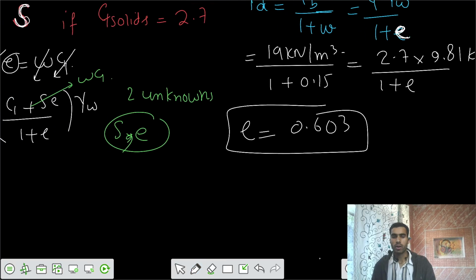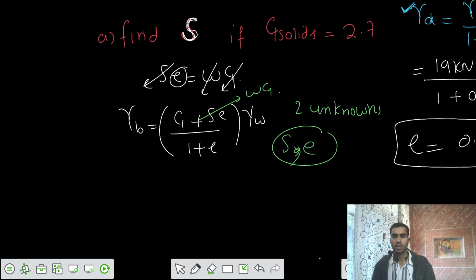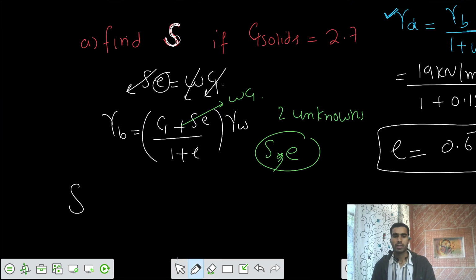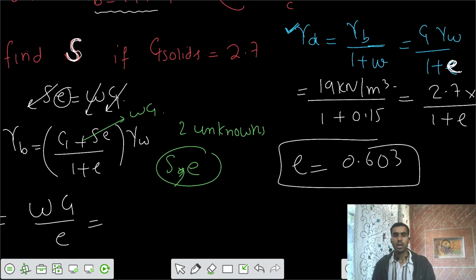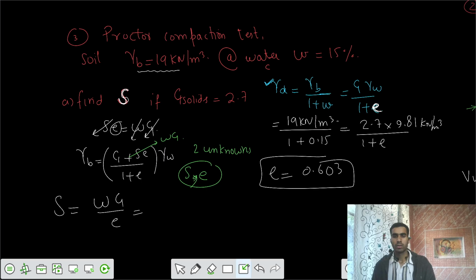So at that same void ratio we can calculate the saturation. Saturation would be calculated as wG by e. So let's substitute those values that are given to us. Your water content is 0.15. Your value of G is 2.7, divided by that void ratio of 0.603.